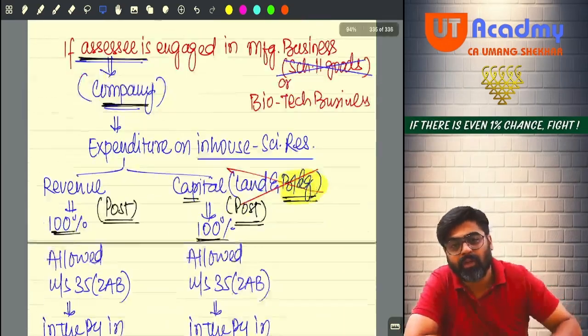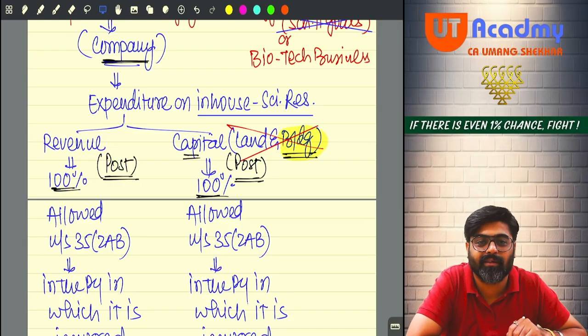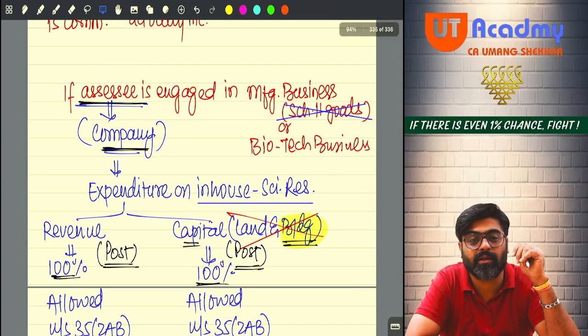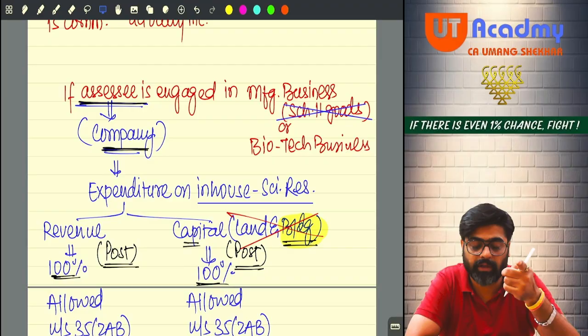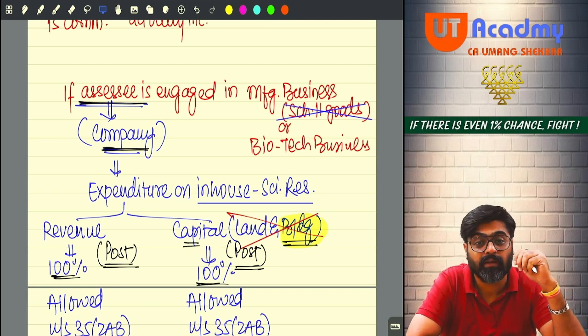And can you see, only the expenditures incurred after commencement of business are allowed here. What about this company? The company would have incurred revenue expenditure or capital expenditure other than cost of land, and it was prior to commencement of business.